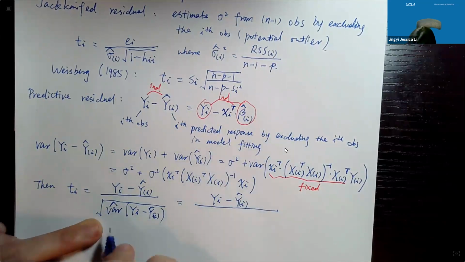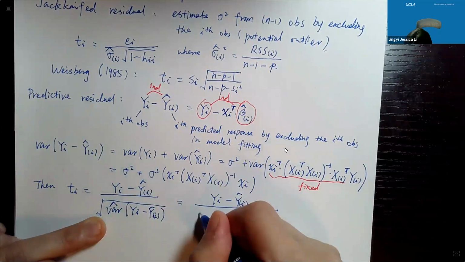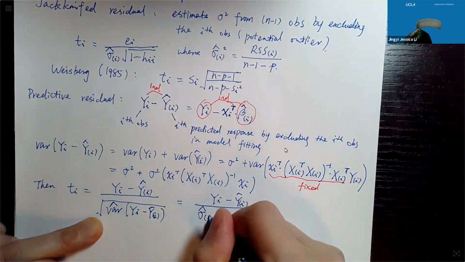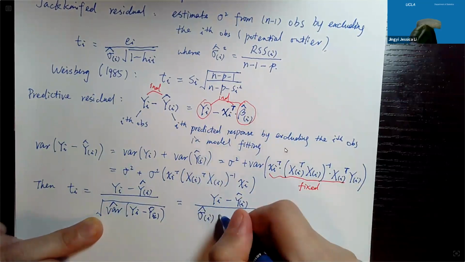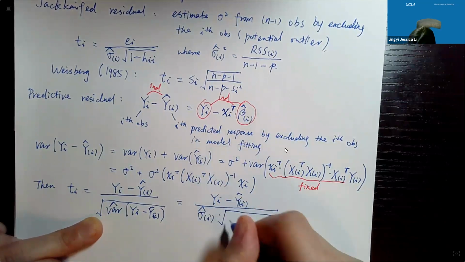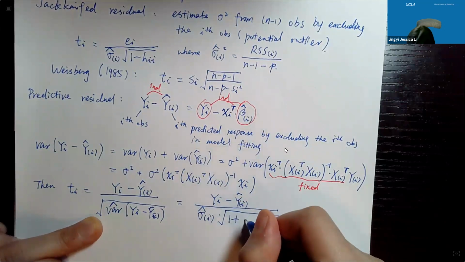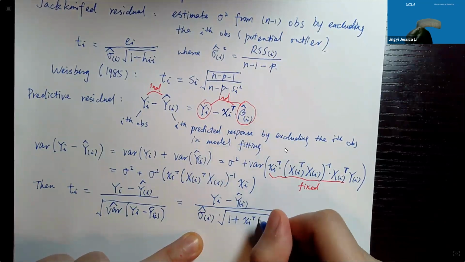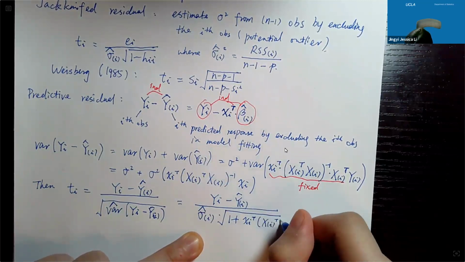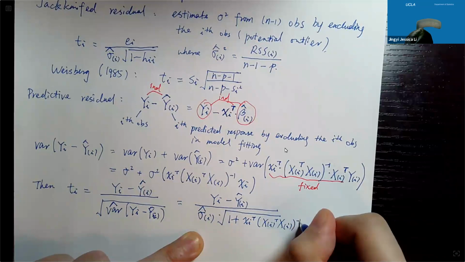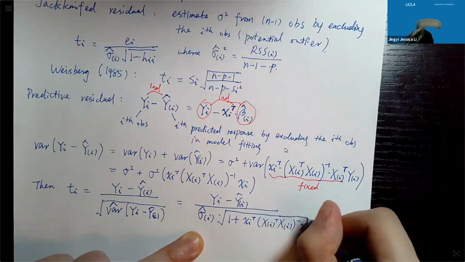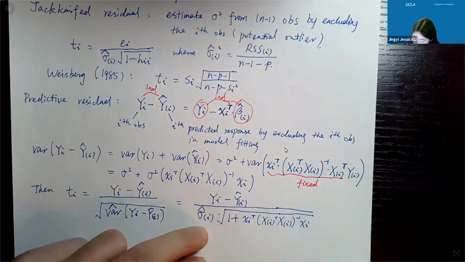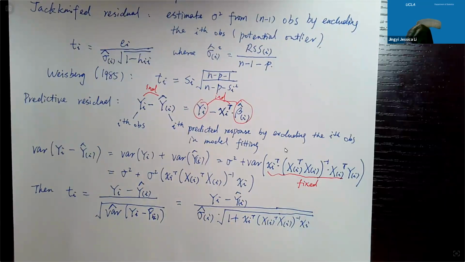So basically the hat involves sigma hat. So it's sigma hat I, get this out, times 1 plus this term xi transpose. Okay, so this is exactly what we mean.